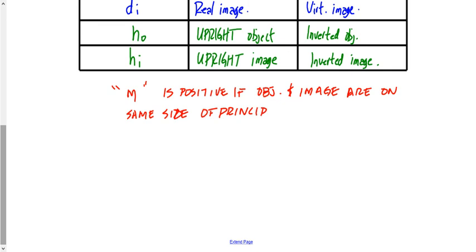In other words, if they're both upright, M is positive. If they're both inverted, M is positive. If one's upright and one's inverted, M is going to be negative.